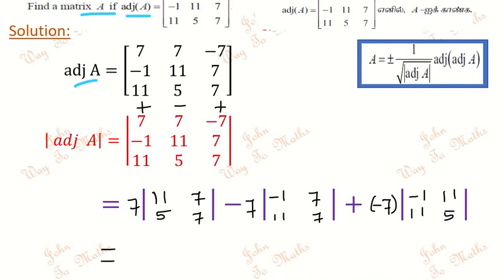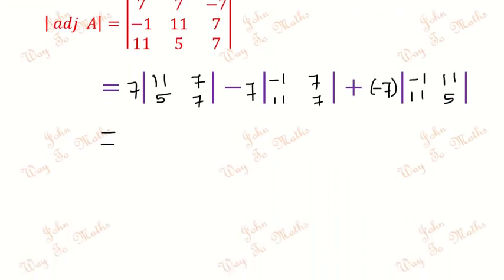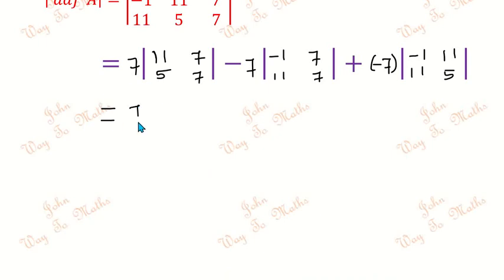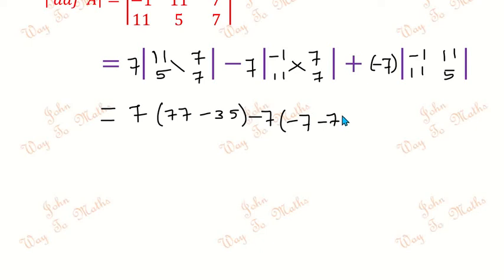Then this is equal to 7 times (11 into 7 becomes 77, minus 5 into 7, 35), then minus 7 times (minus 7 of minus 77, that is minus 1 into 7...), then plus minus 7 times (minus 1 into 5 becomes minus 5, minus 11 into 11, 121).